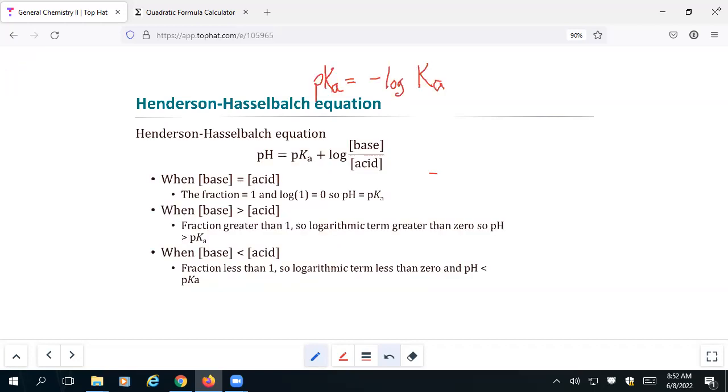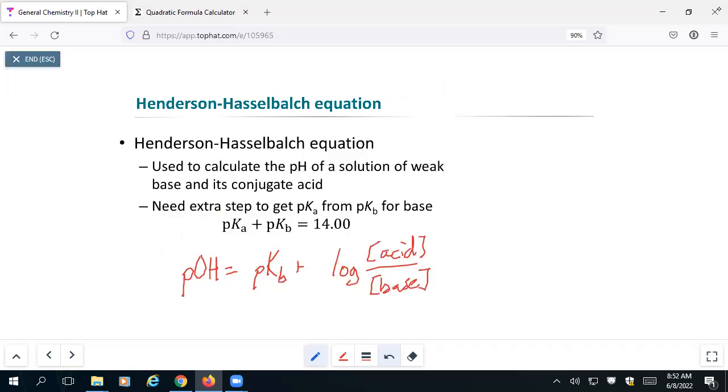And really, the only difference, I'll write the original below it. The only difference between the equations is the perspective and what that fraction in the logarithm looks like.